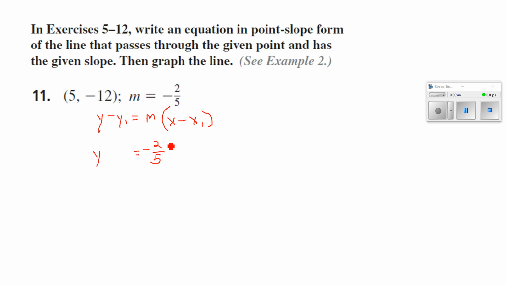My y and my x in each of these stay the same. I'm going to replace my x with a 5 because this is my x, this is my y in the coordinates. So I'm going to replace this with 5. It becomes a negative 5. And then I'm going to replace my y1 with negative 12.